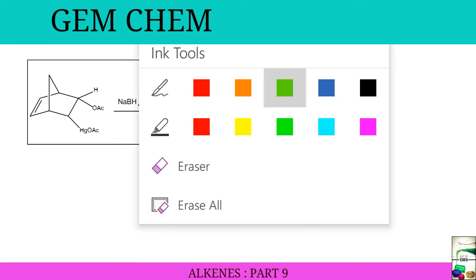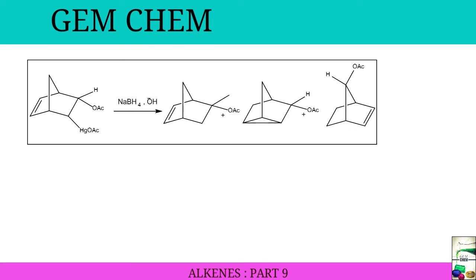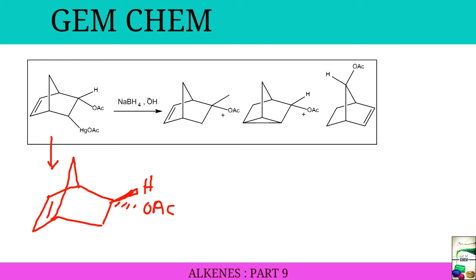Now this one, on reacting with NaBH4 and OH minus, produces this kind of thing. That is, here H is up as shown and OAc is down, and there is a formation of the HgH bond.